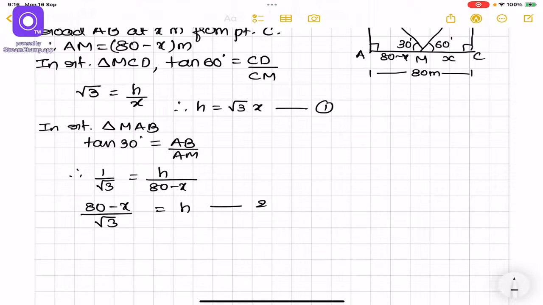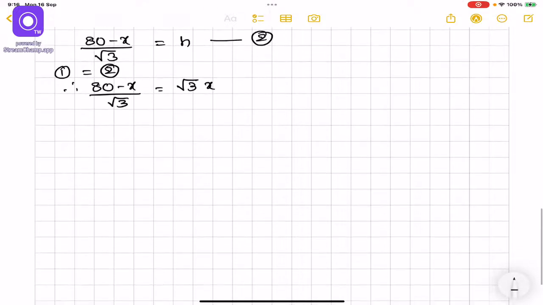This is the second equation. But if you can see 1 equal to 2, so therefore (80 minus x) upon root 3 will be equal to root 3 x. So now taking root 3 on the other side, I will have 80 minus x equal to 3x. Root 3 into root 3 will be 3. So I can say 80 equal to 4x. So x equal to 20 meter.